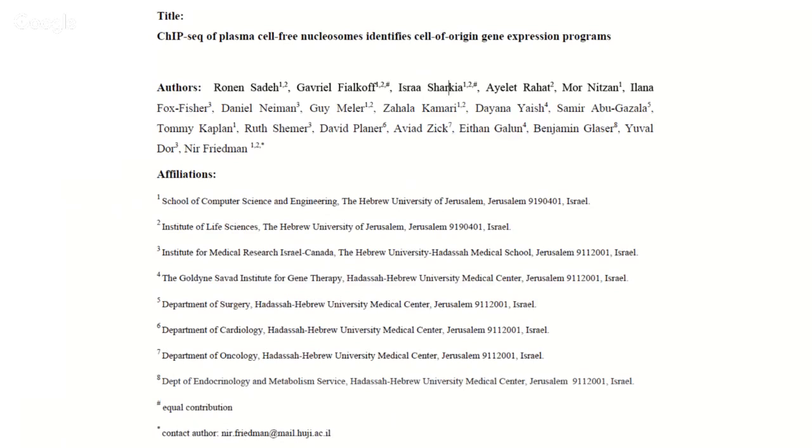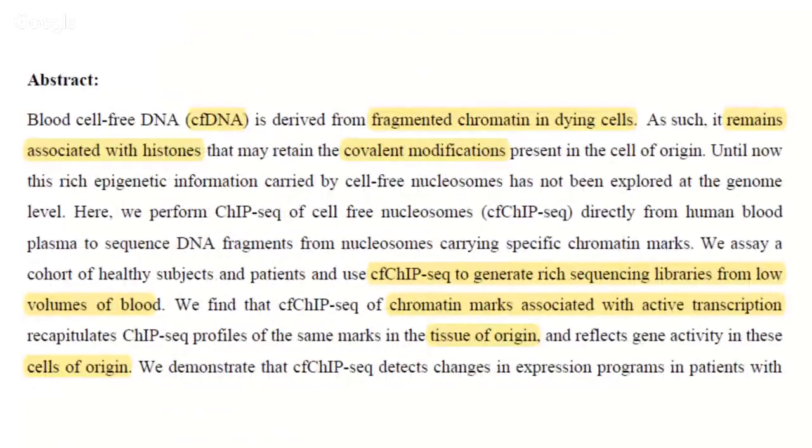So what can we get from cell-free DNA from a liquid biopsy, from extracting a blood sample from someone? In the abstract, they say they basically use blood cell-free DNA, cfDNA, which is derived from fragmented chromatin in dying cells, and then pull down the histone marks, the covalent modifications in the histones that are wrapped around double stranded molecules of DNA in nucleosomes.